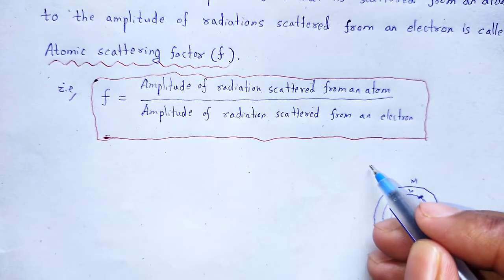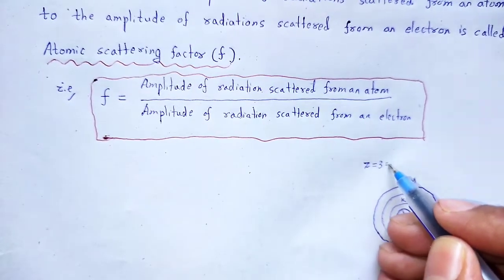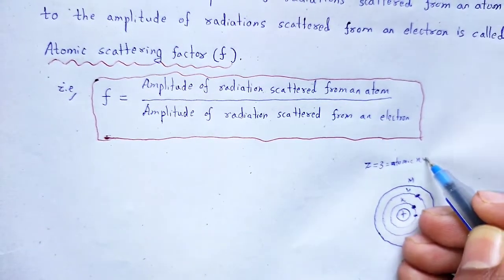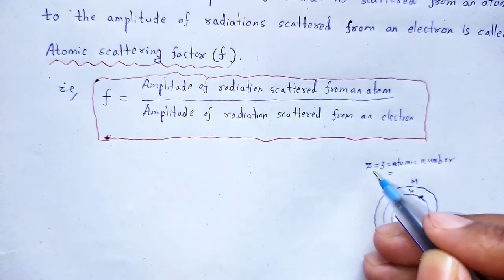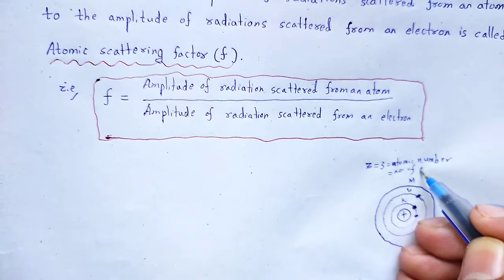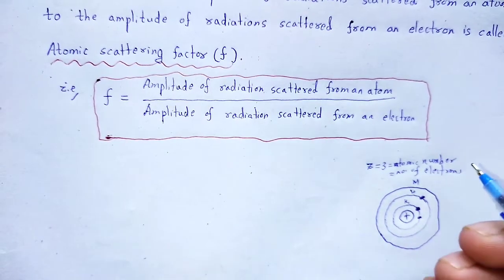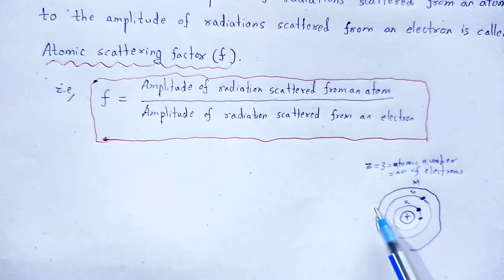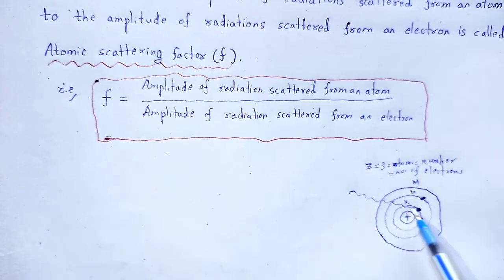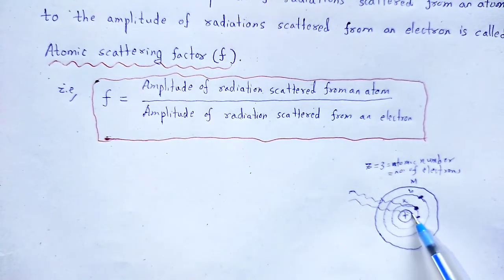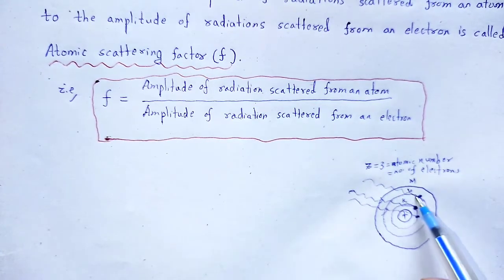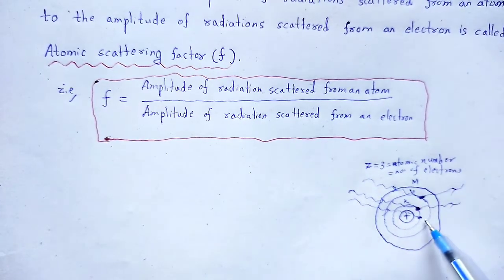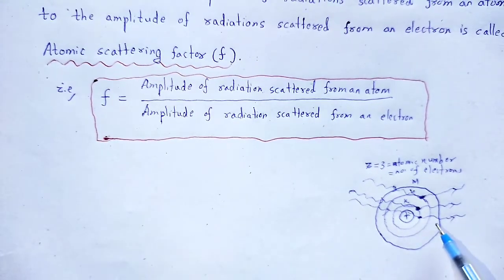We take Z equal to 3, the atomic number, which is equal to the number of electrons. When an X-ray is incident on the atom, meaning it is incident on the electrons, then it will be scattered.